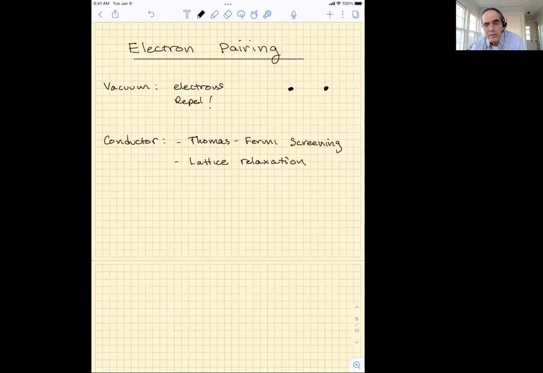And what I'd like to show you is that under some cases, this screening can even produce a slight residual attractive interaction.